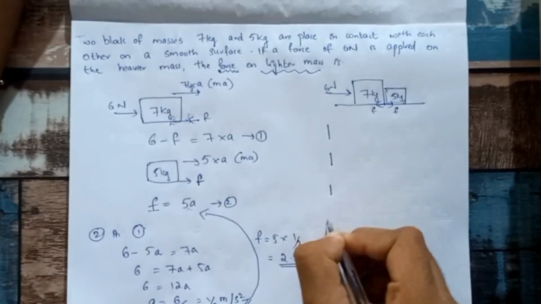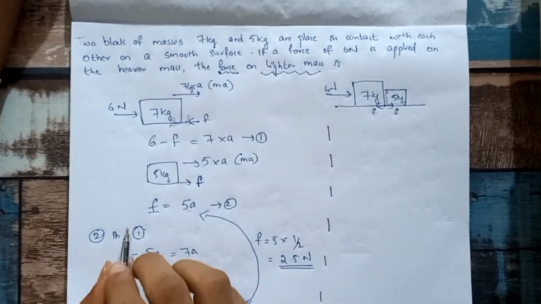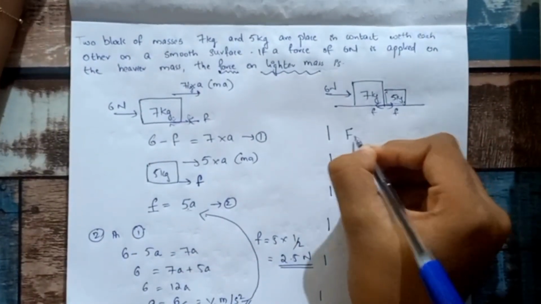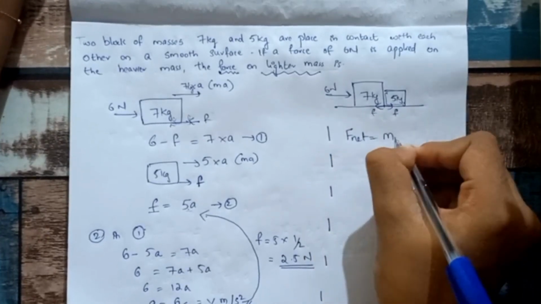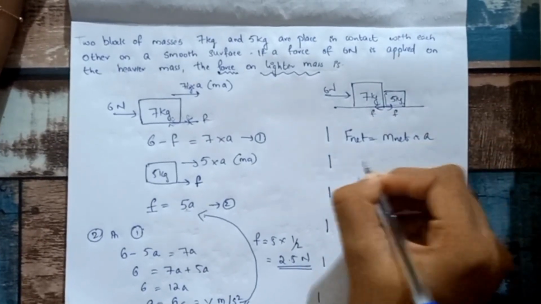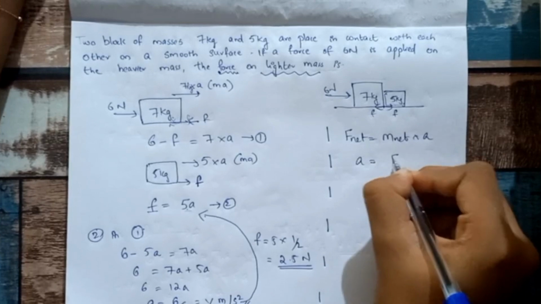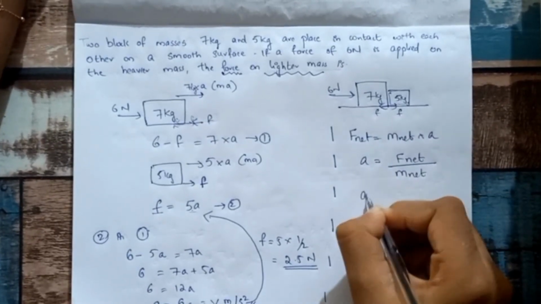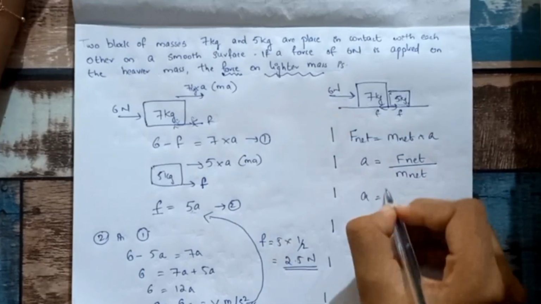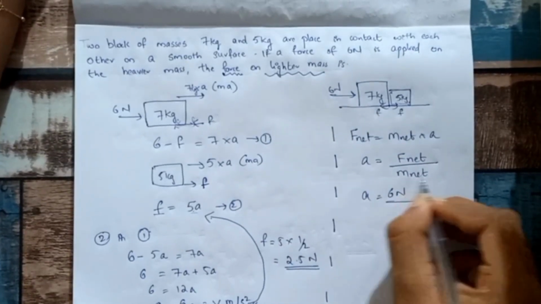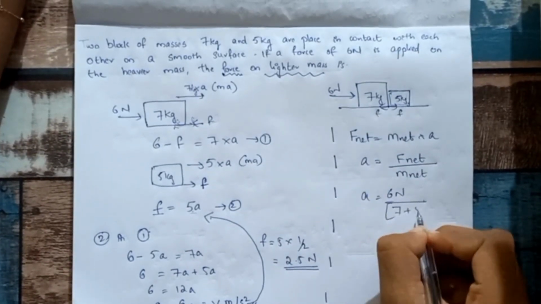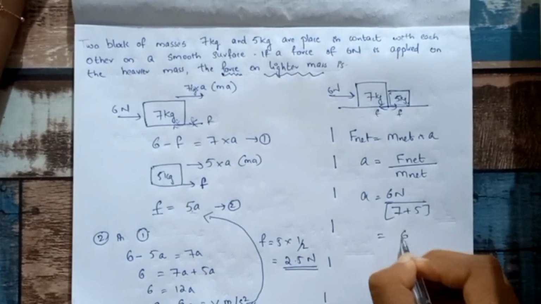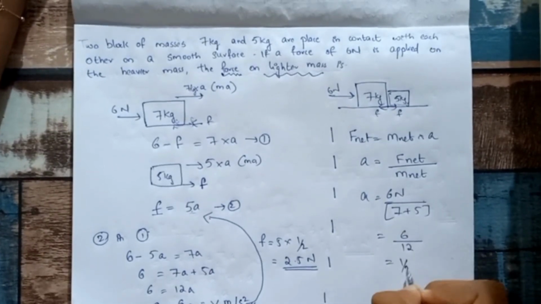Another method where we can find the acceleration is that we know net force is equal to net mass into acceleration, where acceleration is equal to net force by net mass. We know the net force being given over here is 6 Newton, and the net mass is 7 plus 5, which is 6 by 12, which is equal to half.